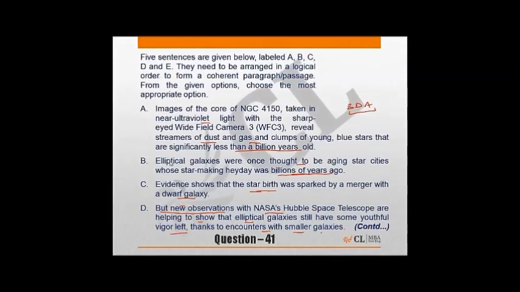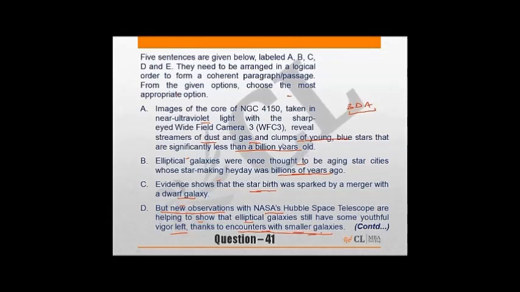Just to be sure, let us read the complete sequence together. BDACE. Elliptical galaxies, that is fine. Whose star-making heyday was, BD, helping show elliptical galaxies' youthful vigor. BDA, images reveal clumps of young blue stars. Yes, young blue stars. Thanks to encounters with some smaller galaxies, this also fits in here, that are significantly less than.